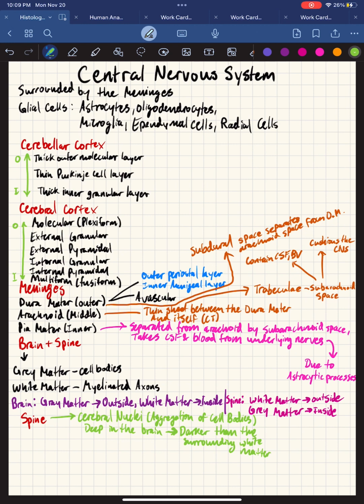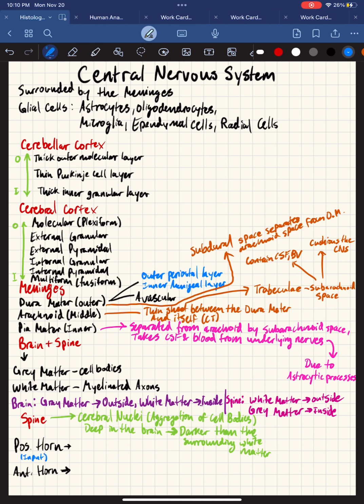Okay, so going into the spine structurally, the spine is actually going to be split up into a posterior horn and an anterior horn. Now, this separation of anatomy actually has functions. So the posterior horn is mainly involved in input.